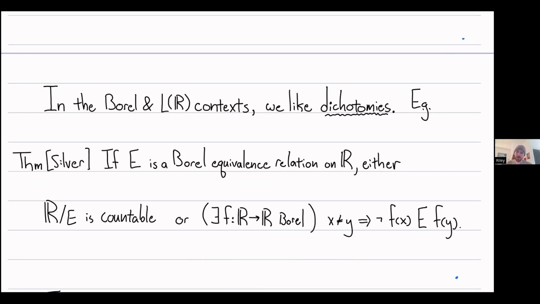Or there is this canonical obstruction. There is a Borel way of taking the reals and sending different points to different equivalence classes. Okay, so this right-hand fork we can think of as saying that the reals inject into the quotient definably.